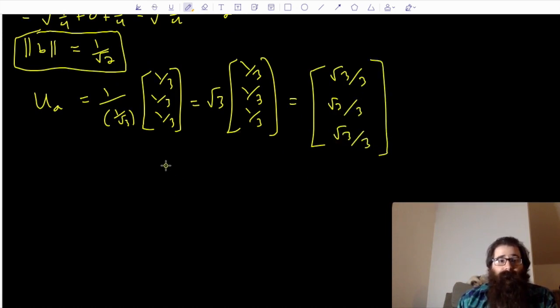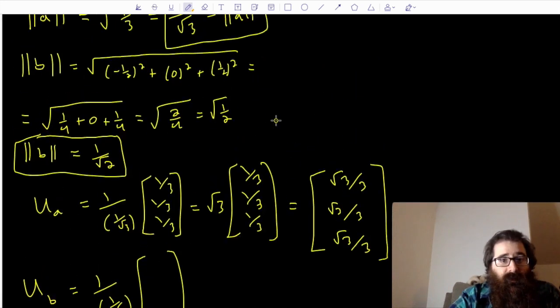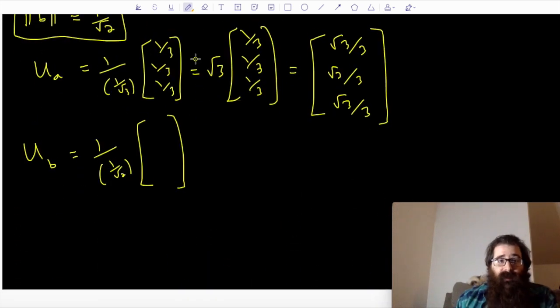Let's find the unit vector in the direction of vector b. So I want to scale this by its length since it wasn't length 1. So that's 1 over radical 2 into vector b. And vector b had entries -1/2, 0, +1/2.